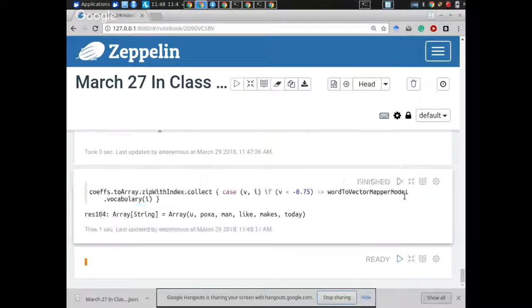So some things go without saying. Man is okay. It looks like man is not very predictive of health-related tweets, and like is not either. Makes Poxa. I don't know what Poxa means, but you also is not.